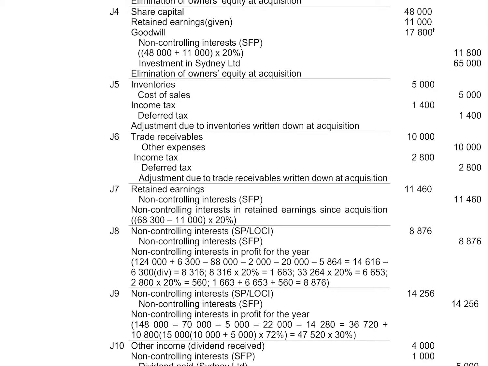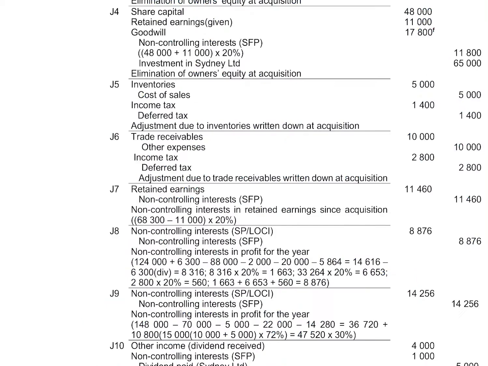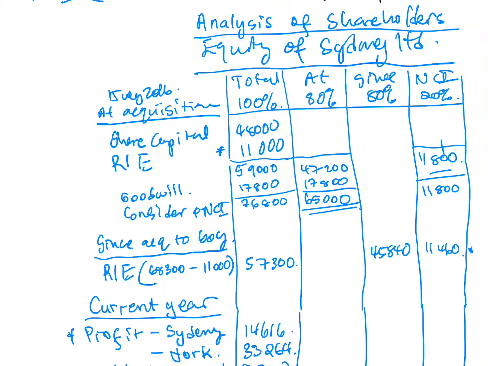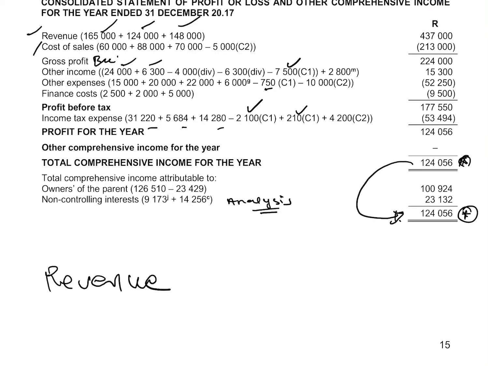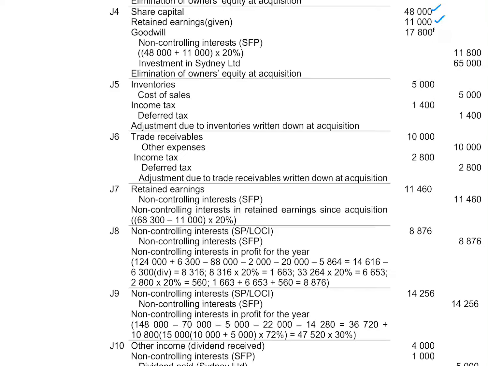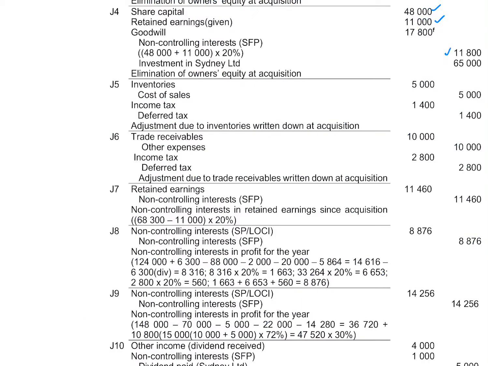So the first thing, you debit your share capital, which is what we have there. You debit your retained earnings. Are we together? Then you're going to credit your non-controlling interest, 11.8, which is that. Are we together? And then we credit the investment, which is the consideration there of 65,000.